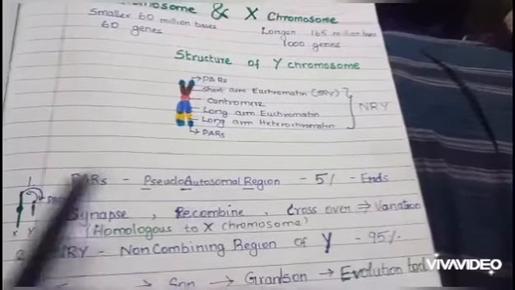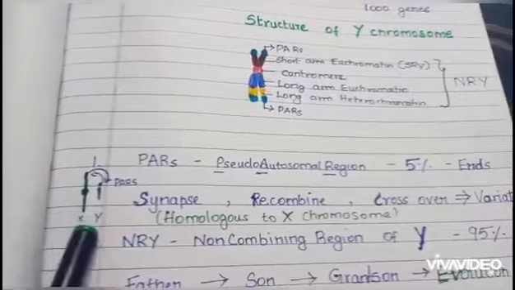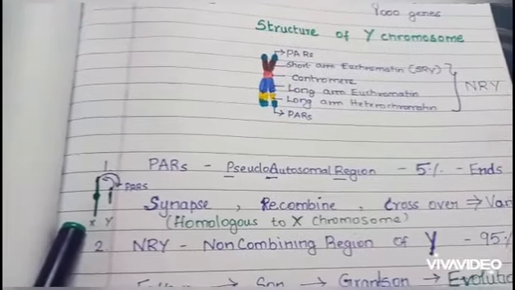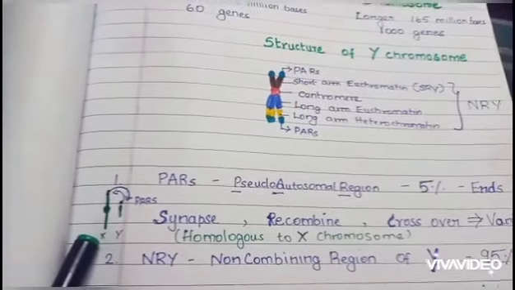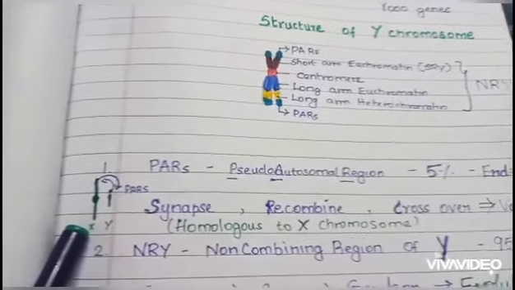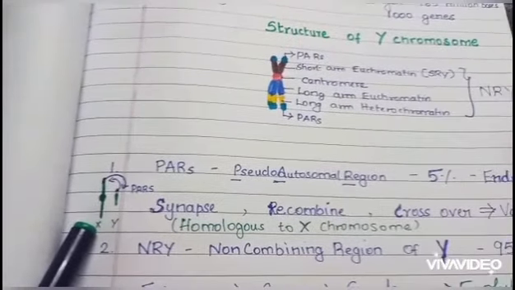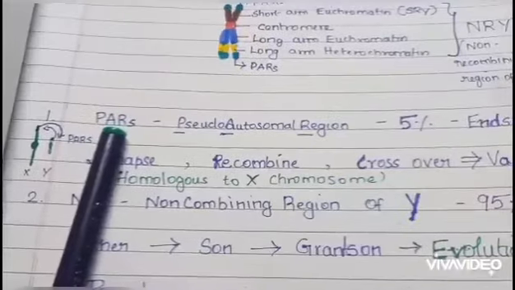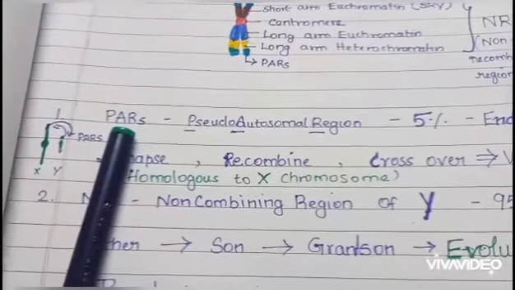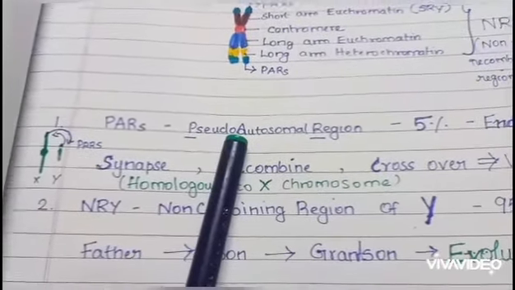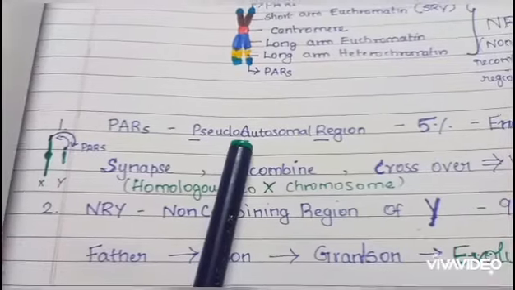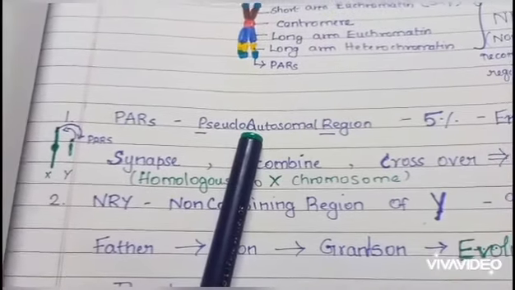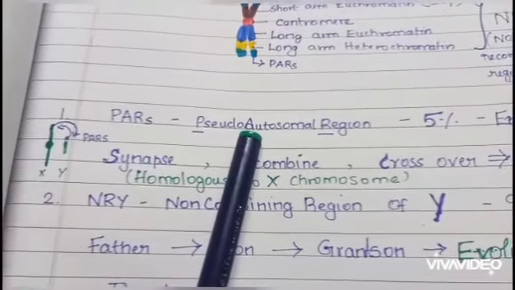Though the lengths of the X and Y chromosomes are very different, the chromosomes condense or unwind to facilitate this crossing over between the pars regions of the X and Y chromosome. Hence, this region is called the pseudo-autosomal region, meaning they recombine similar to the autosomal or body chromosomes, which extensively recombine during cell division.